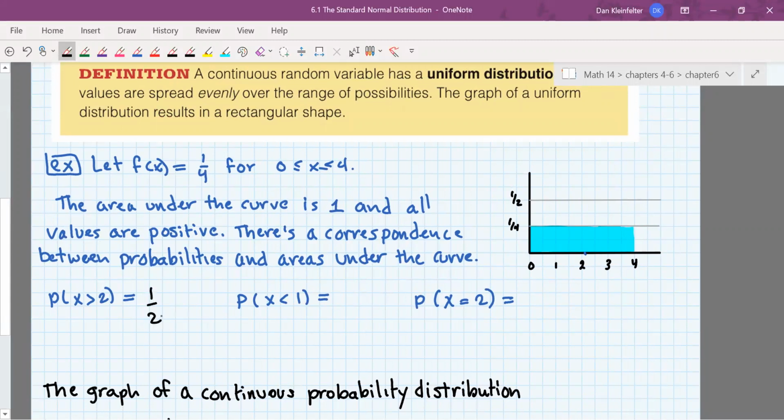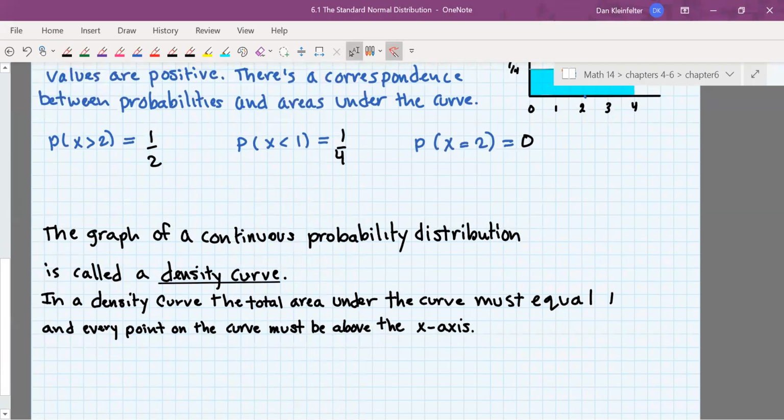For a probability of less than 1, it would be this amount, that is going to be 1/4, right? So that probability is 1/4. The probability of getting one value exactly is going to be equal to 0. And the reason for that is that if we're taking x to be exactly equal to a particular value, then the width of that rectangle is going to be 0.